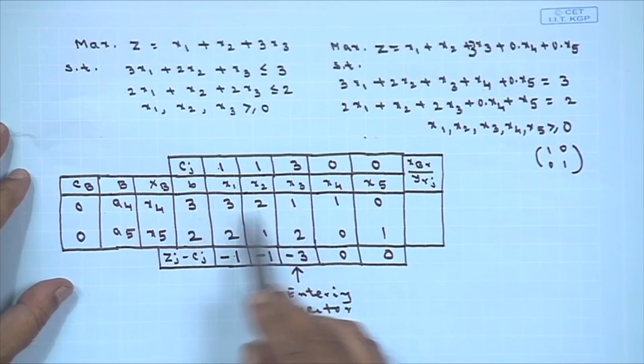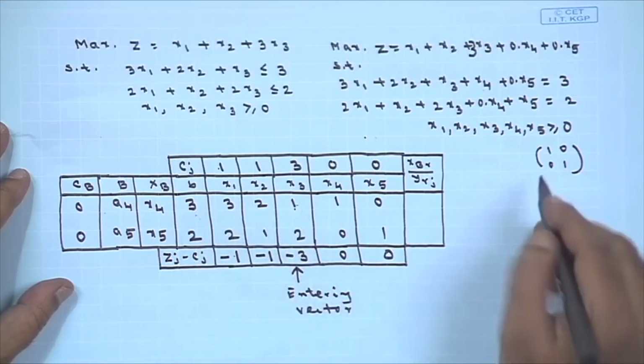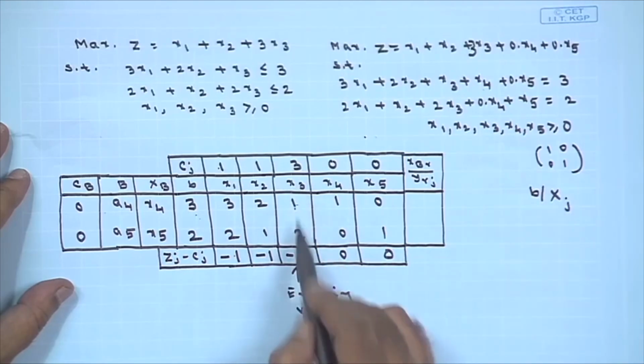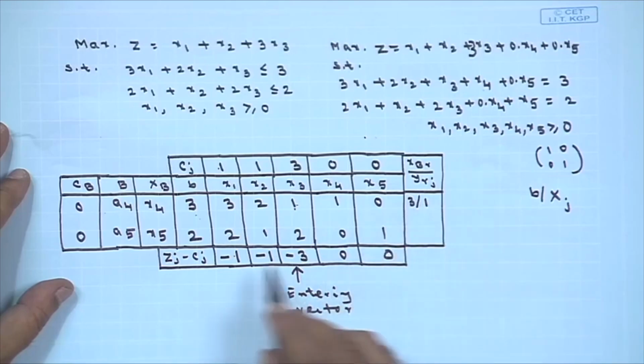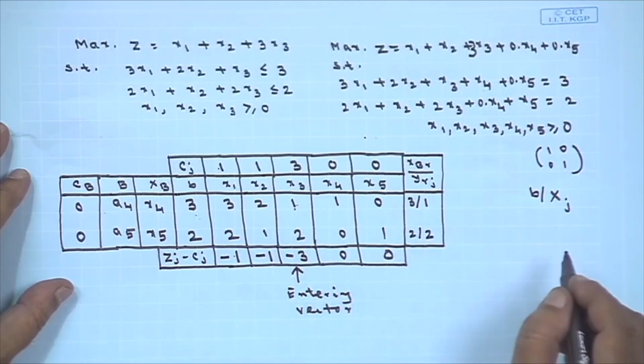So, in this case it is 3 divided by 1, b by, again I am writing b by this x j corresponding to this. So, first one is 3 by 1, second one is 2 by 2.